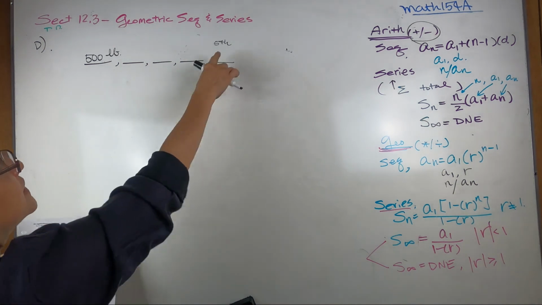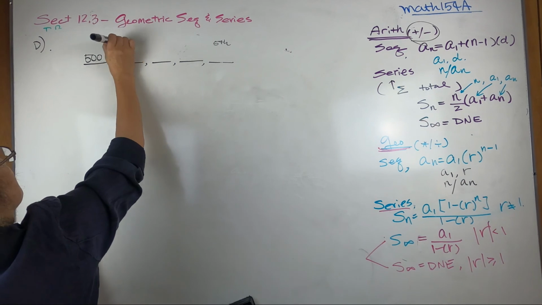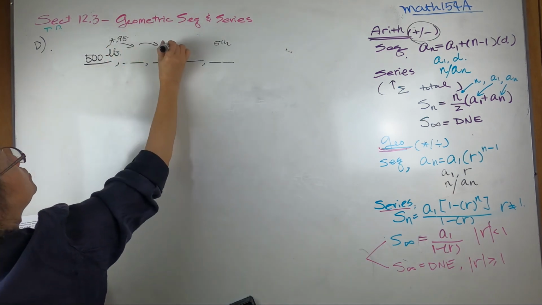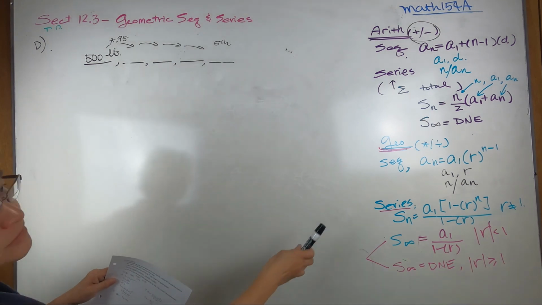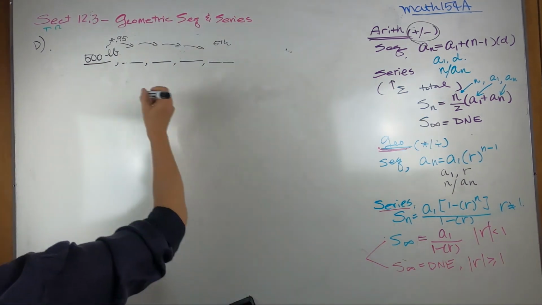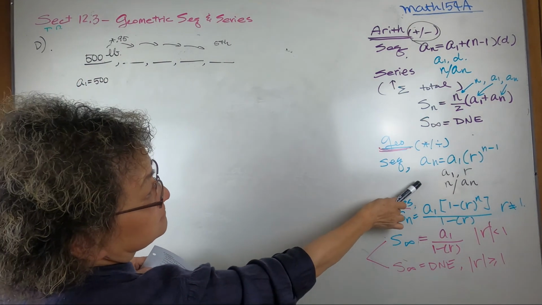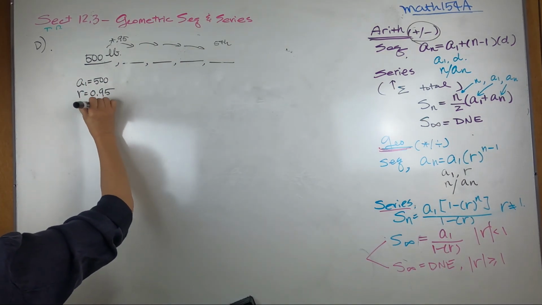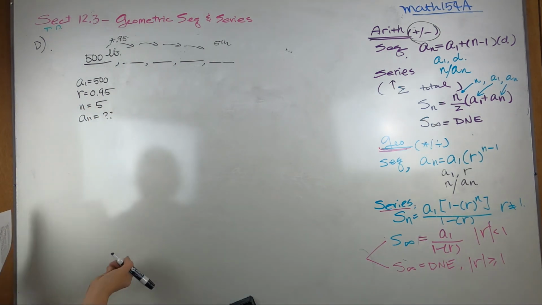Okay, so let's find the 5th day. Each next day will be 95%. So that means you multiply by 0.95, right? You can find the 5th day. Or we can use the formula, right? Because we have a1 is 500, r is 0.95, and n is 5.